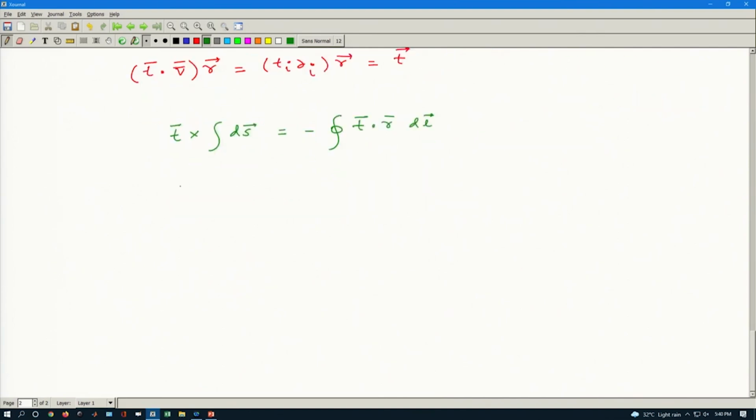So, if I just replace t with the unit vector r and r with r prime vector, then I simply have our desired expression that we wanted to prove. So, let me write it here.